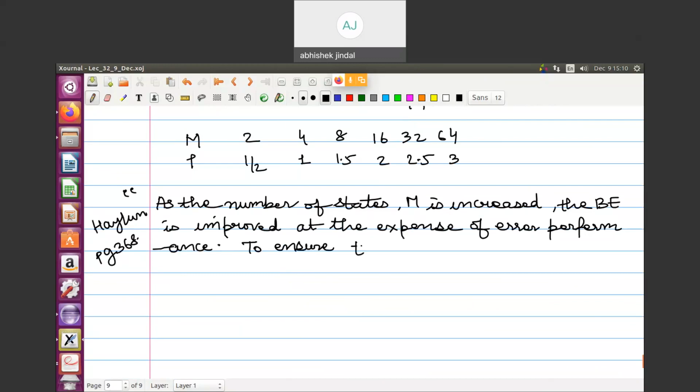Okay. So this is important to discuss to ensure that there is no degradation in error performance.